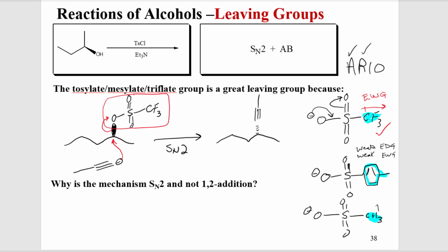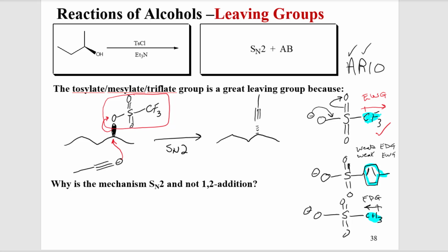A methyl group is definitively a donating group, but it's a weak one. So we're not throwing really strong donating groups at those positions. They're weak. So the best one is the CF3. The next best is when you have a little bit of withdrawing character because of conjugation. And the electron donating group in the methyl doesn't do anybody any favors, but even with it being there, it still makes the mesylate a decent leaving group.